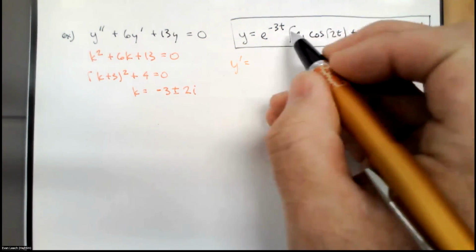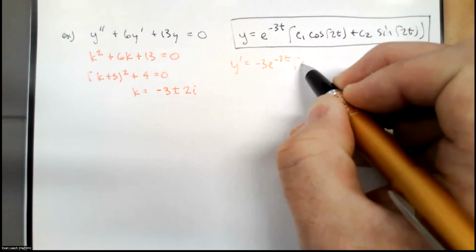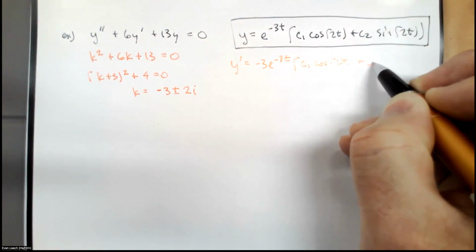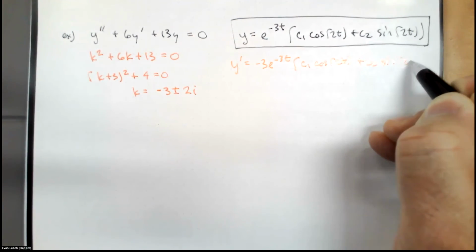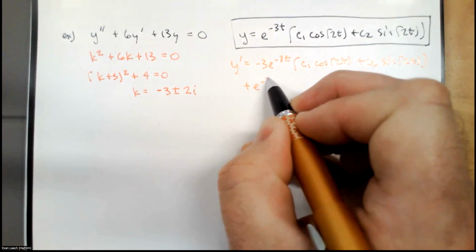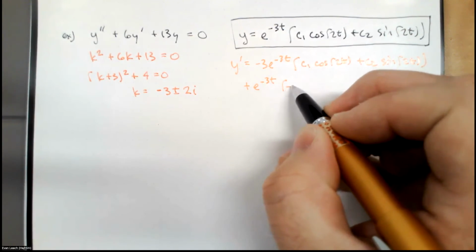We're going to have to take the derivative. Derivative of the first times the second, plus the first times the derivative of the second. Derivative of cosine is negative sine.